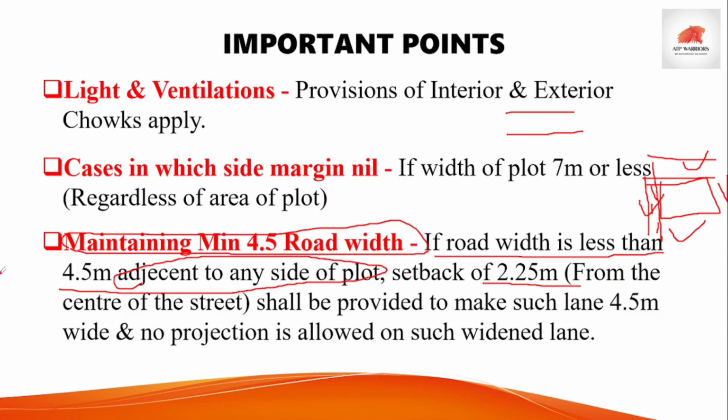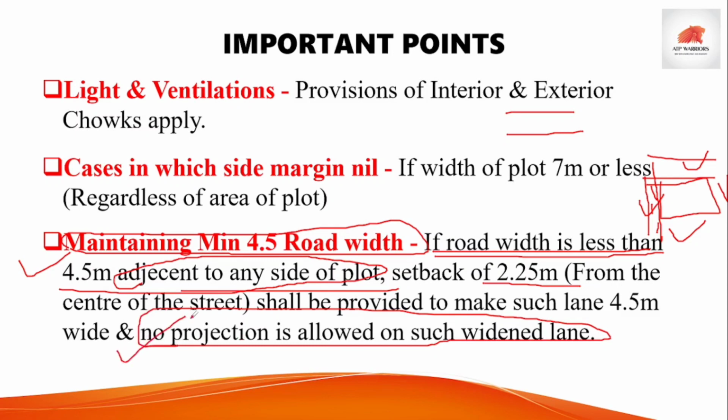See, we'll read this entirely so that you will understand what I'm going to say. If the road width is less than 4.5 meters adjacent to any side of the plot, a setback of 2.25 meters from the center of the street shall be provided to make such a lane 4.5 meters wide, and no projection is allowed in such a widened lane. Which projections are we talking about here?